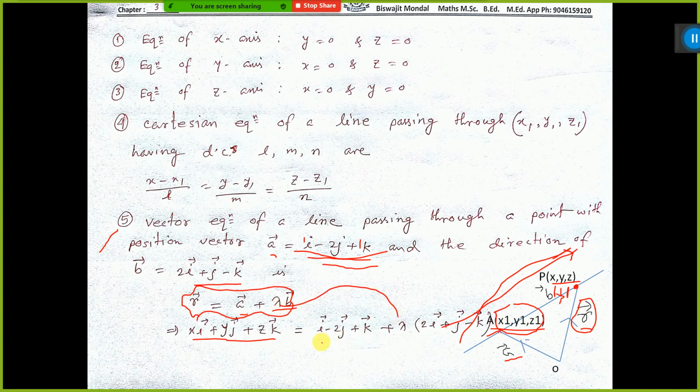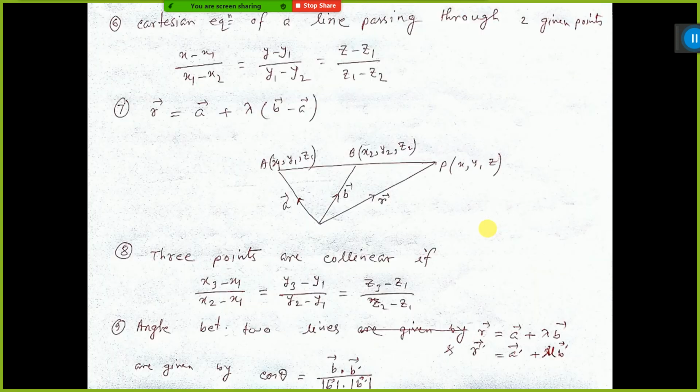So if you put the value of a and the value of b, that will be the vector equation of a line. See the line here I have drawn and its vector equation is r equal to a plus lambda b. You have to understand this one clearly.